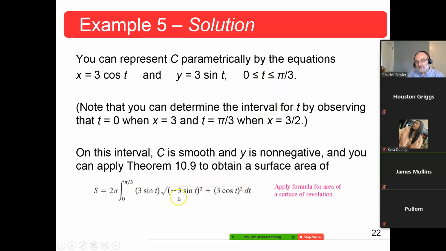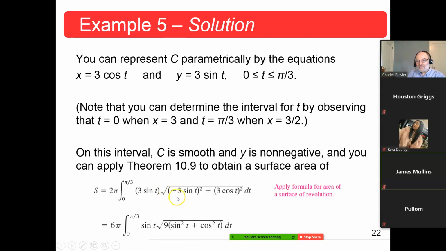Here was your 3 sine t, that was your y value. Remember, y is 3 sine t. I did take that 3 out and make it a 6 pi here, and just left the sine t. They'll do that later, if they've done it.